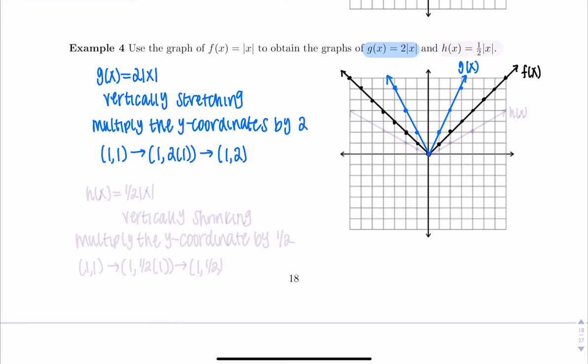Now let's go ahead and do h of x, which is 1/2 times the absolute value of x. And so now, because it's in between 0 and 1, you are vertically shrinking the graph.